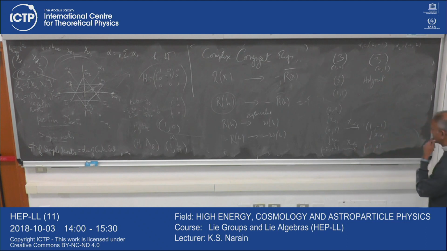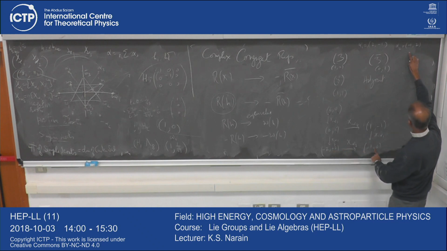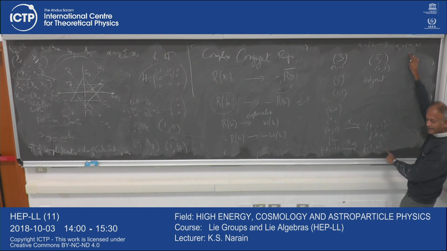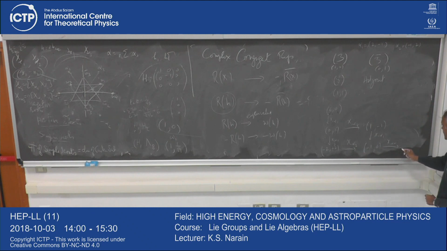Oh, sorry, I'm subtracting this. So it gives you minus 1 and the 2 cancels, right? But this is spin 1, so I should go once more. X minus alpha 2. And you end up with 0 and minus 2. That's it. This is a 6-dimensional representation.